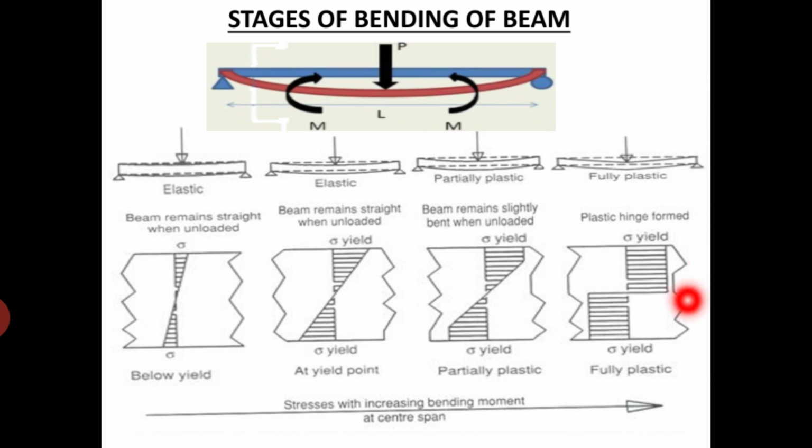That plastic moment is denoted as Mp. The cross section is incapable of resisting any additional moment at this stage, but may maintain the plastic moment, acting as a plastic hinge for some more amount of rotation.